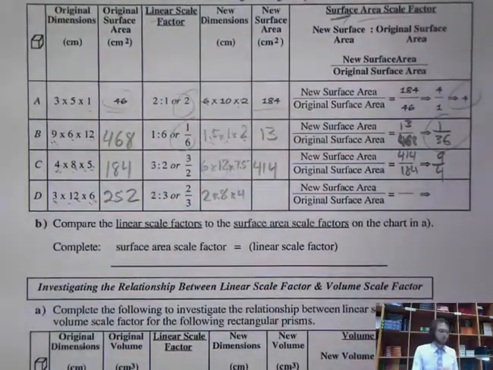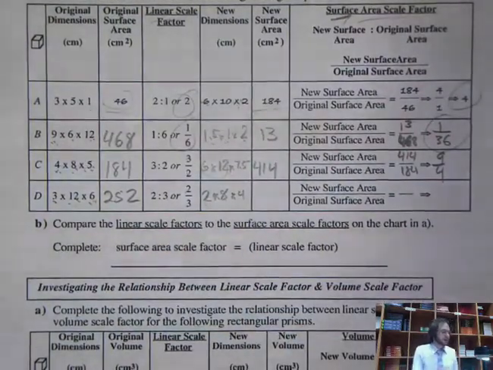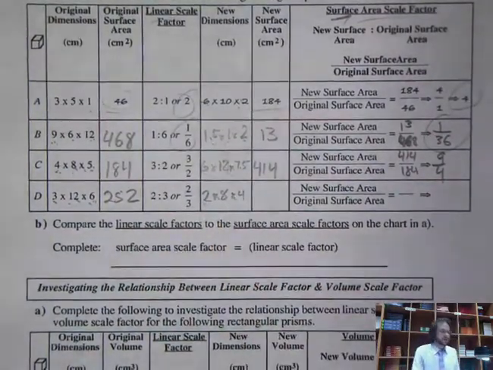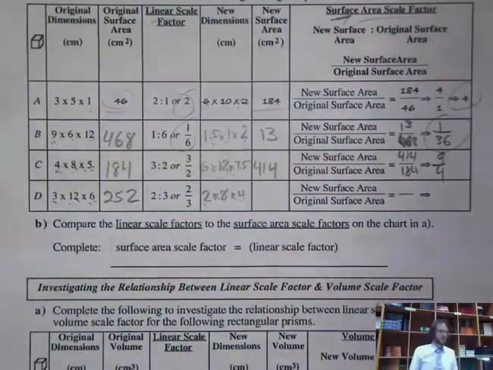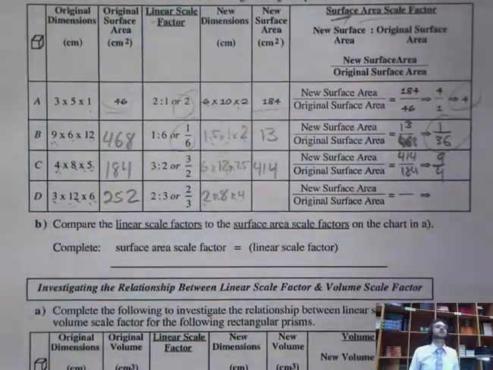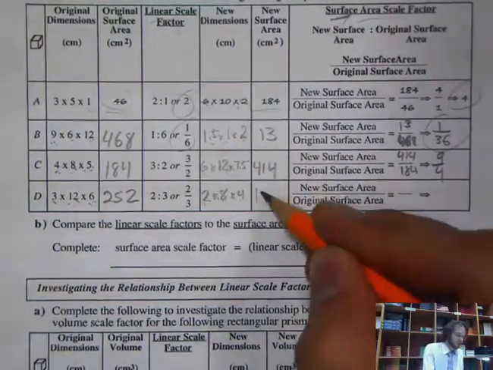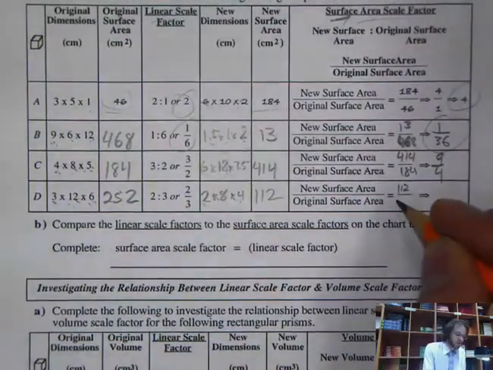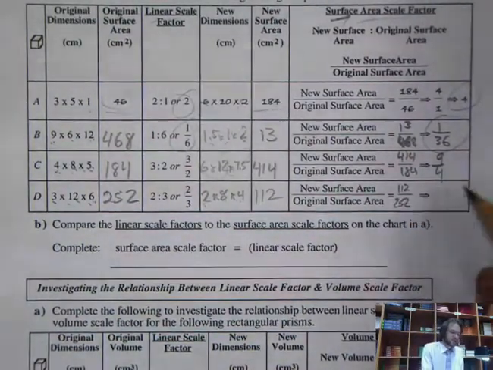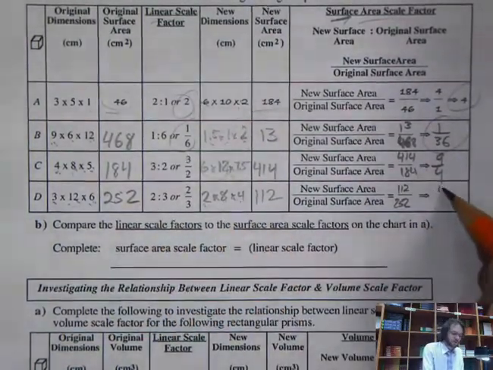Now we multiply these together. 2 times 8 is 16, and then we add another 8, which is going to give me 24, and then I add that to 32, 24 and 32 is 56, times 2 is going to give me 112. Now we have 112 divided by 252, and that's going to give me a total of 4 over 9.